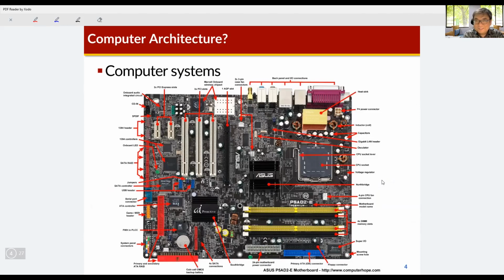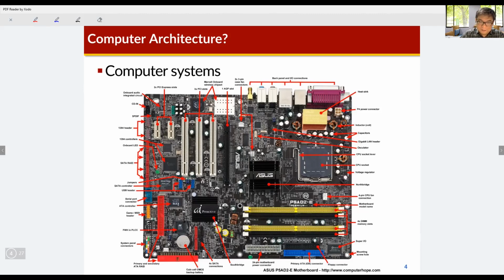But a computer system is so complex. This slide shows a picture of a main board. If you are a computer engineering student, I believe you can assemble a personal computer system, and you have seen a computer main board.